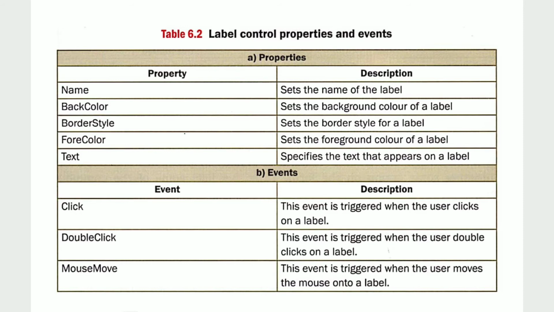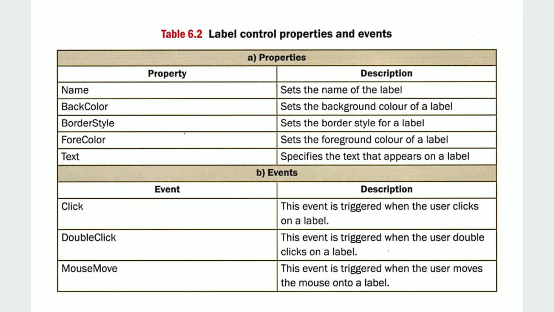Double click event: when user double clicks on a label, then this event is activated. Mouse move event: when user moves the mouse on the label, then this event is activated. There is also another event associated with label control, that is change event. When the text on the label is changed, then this event is activated.